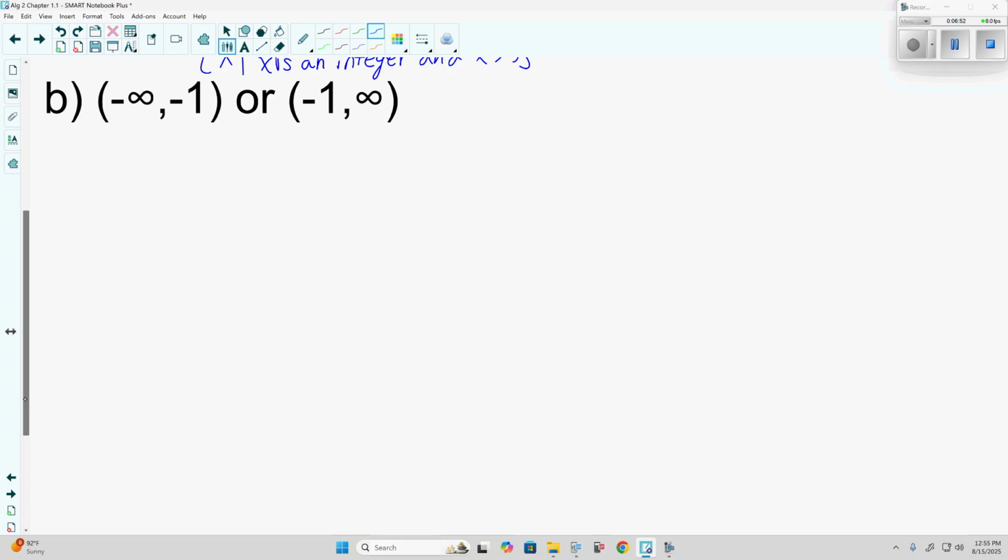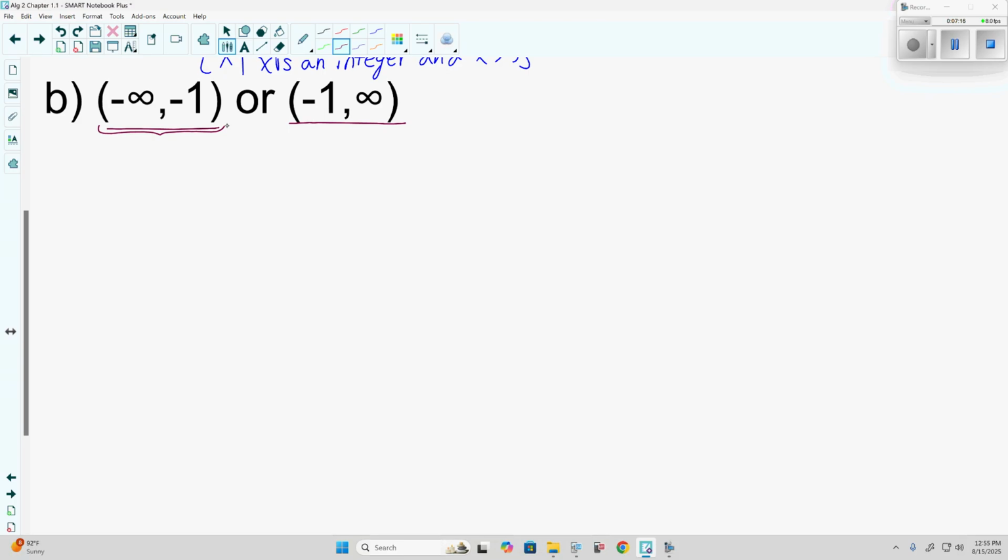Now we do need to change these to inequalities. Now there's different ways we can go with this here. We can go from the interval notation straight to inequalities. We could try to graph it. But if we're looking at this here, we're saying we want all the numbers from negative 1 to negative infinity. We want all the numbers less than what?